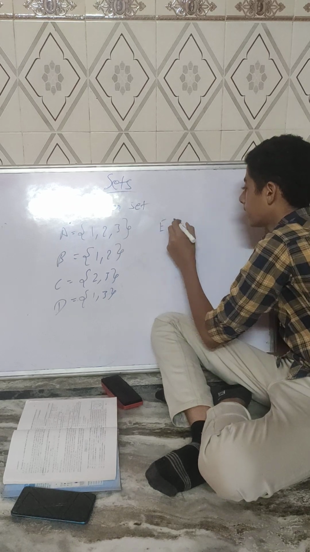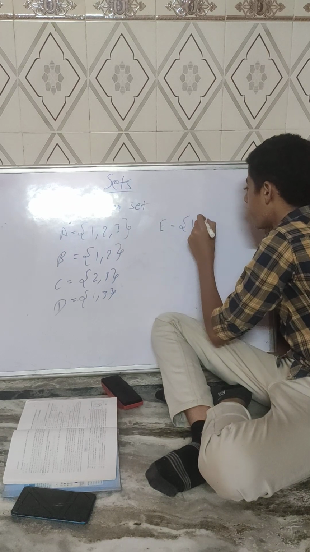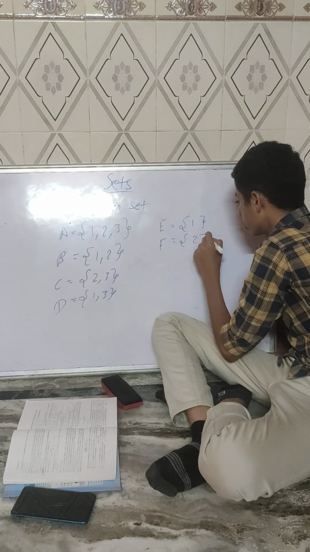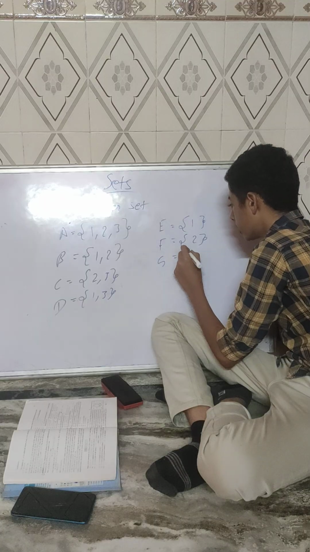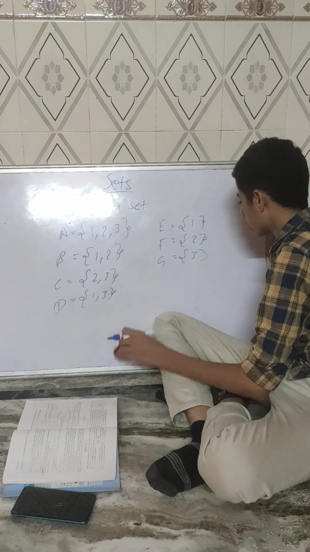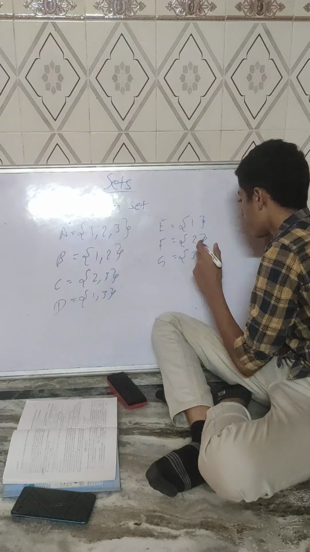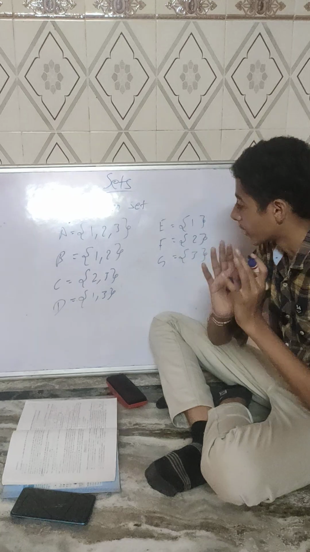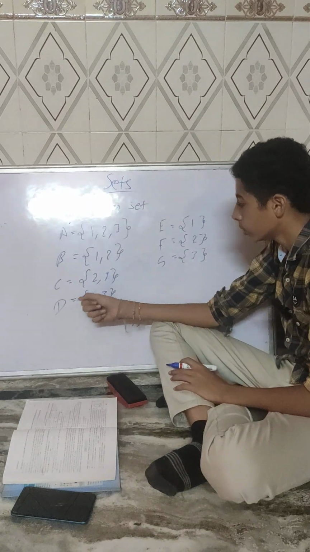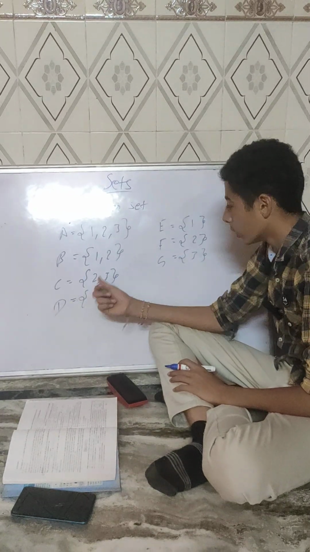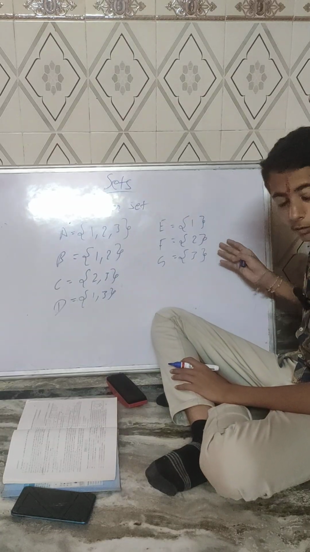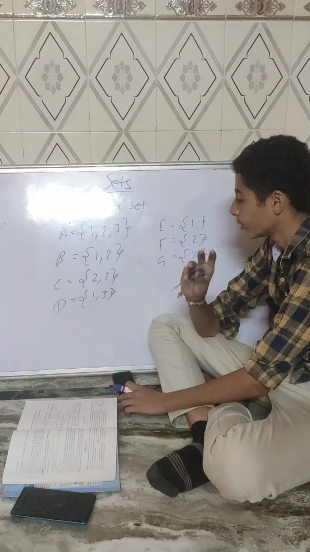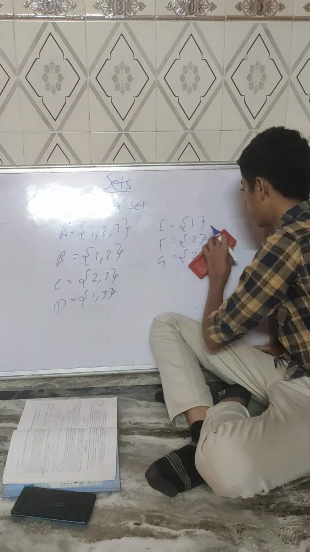Let's say E will have only 1, F will have only 2, and G will have only 3. So with only 3 elements of set A, we get about 6 different subsets. First is 1, 2, second is 2, 3, third is 1, 3, fourth is only 1, fifth is only 2, and sixth is only 3. So from one set having 3 elements, we get 6 different types of subsets.